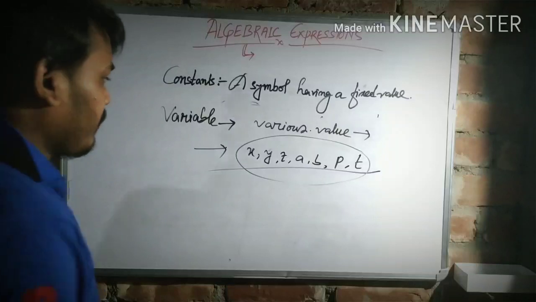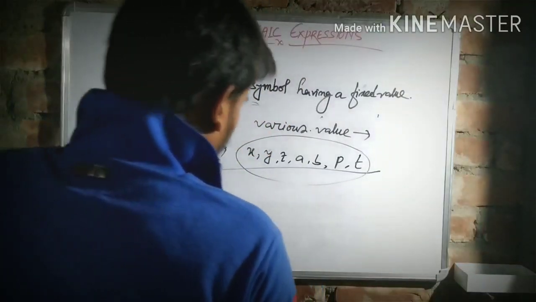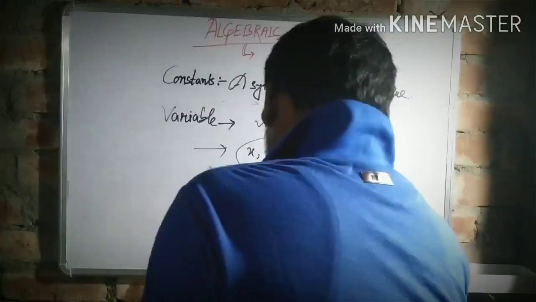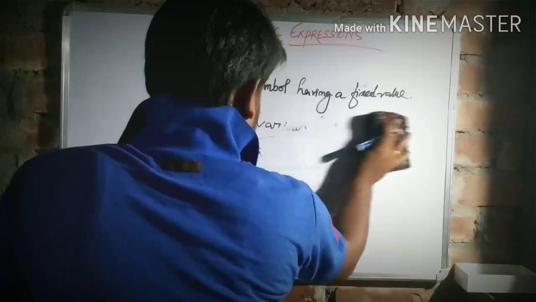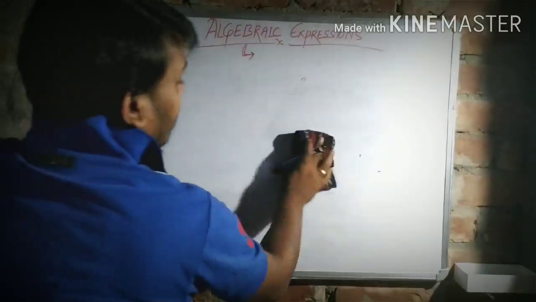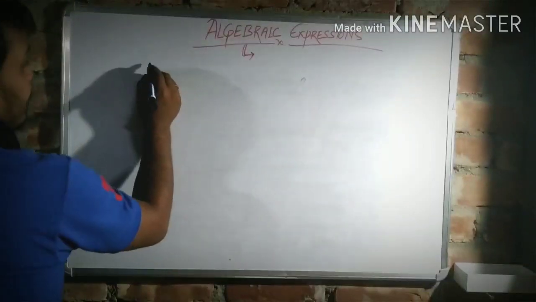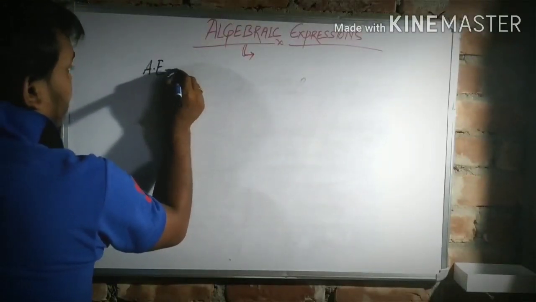So variable and constant are complete. Next, what is the definition of algebraic expression? Algebraic expression, in short I write AE.